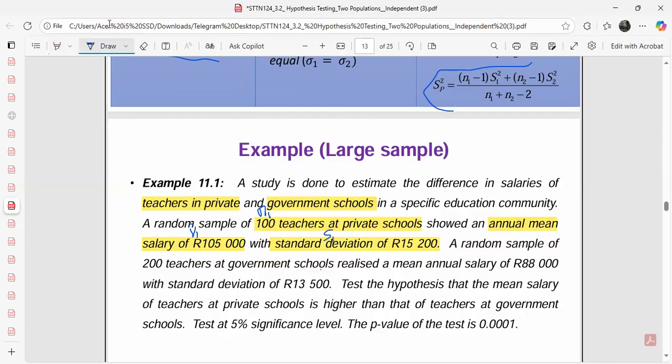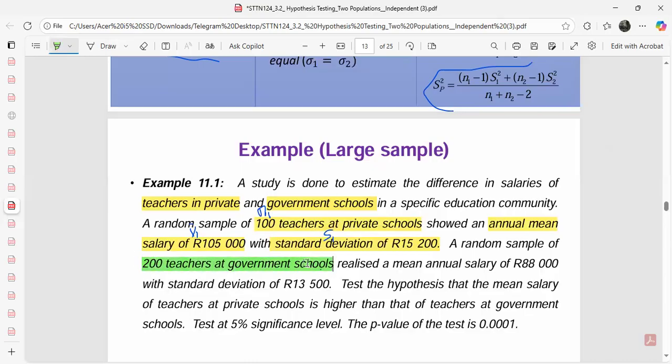Now we are done with population 1, the private schools. Now a random sample of 200 teachers at government schools. This is population 2, so the 200 will be n2. Can you see that? n2. That's how you do it. Before you even do the hypothesis testing, you do the steps.